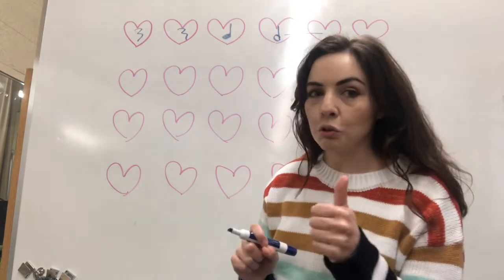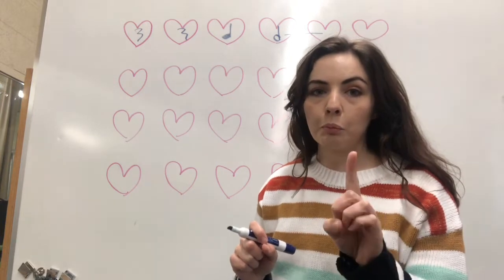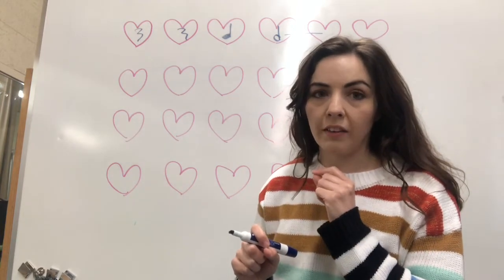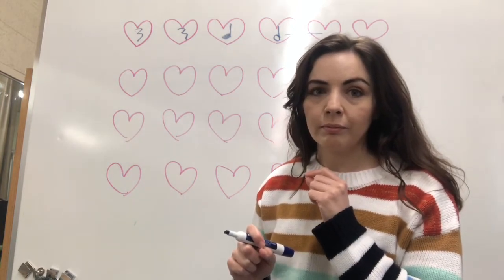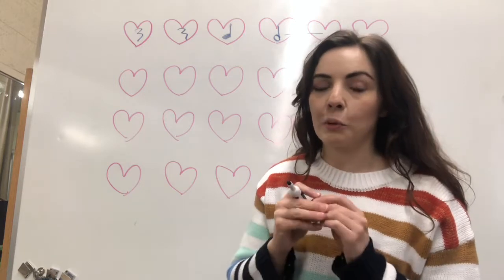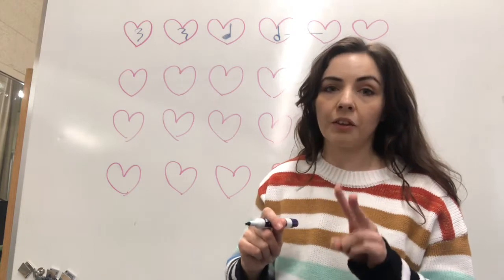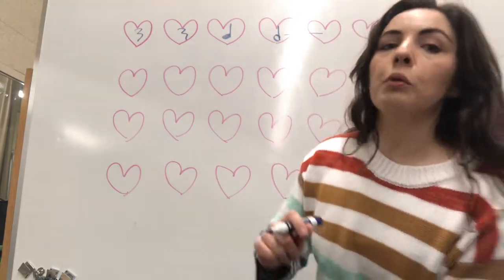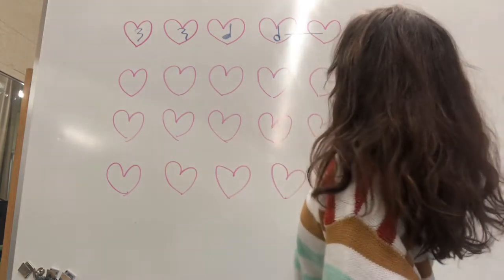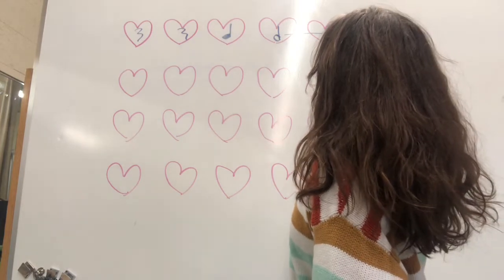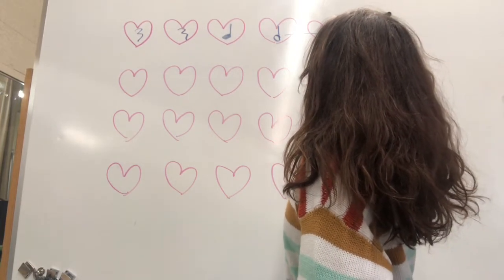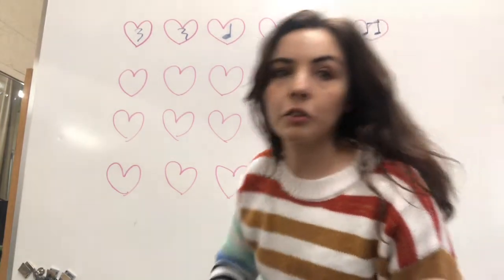And when we have 2 notes in 1 beat, what do we call that? If you said TT, you are correct. So TT, as we've been learning, is 2 eighth notes. So I'm going to put 2 eighth notes here on that heart. 2 eighth notes.